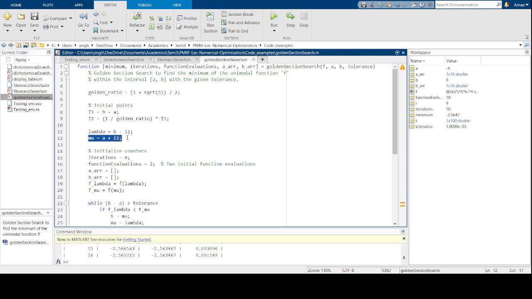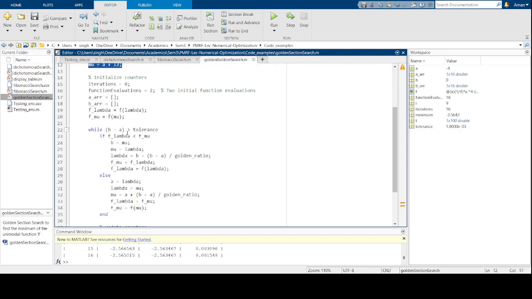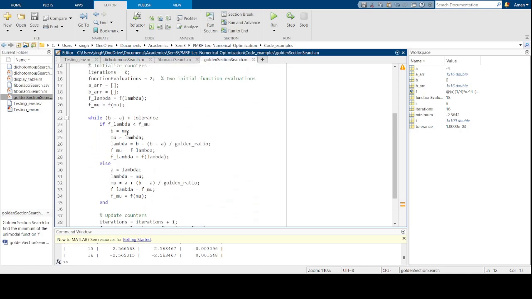So these are the initializations of lambda and mu. The rest of the things are same. It's actually same as Fibonacci series. The only difference is at this point, the updation of lambda is different from Fibonacci search.